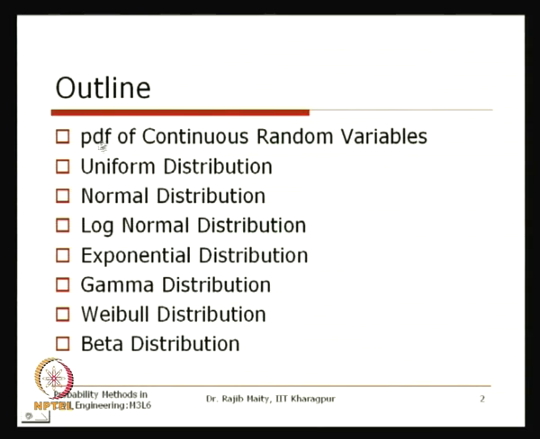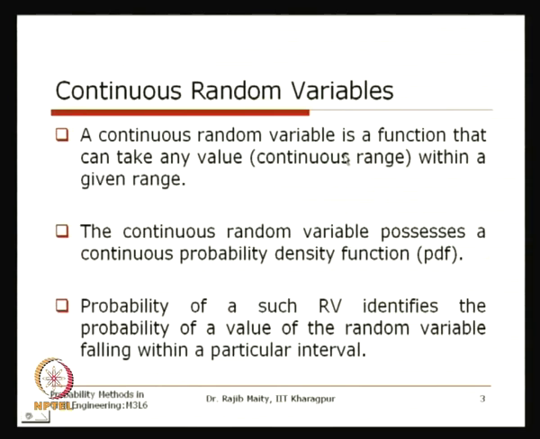So, we will start with a very brief recapitulation of the probability density function for the continuous random variable. As we discussed in the earlier lectures, a continuous random variable is a function that can take any value in the sense of a continuous range within the given range of that random variable. The continuous random variable possesses a continuous probability density function.